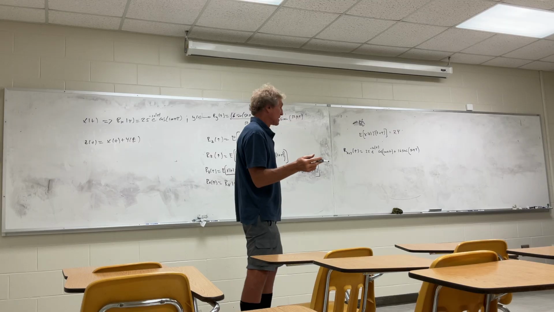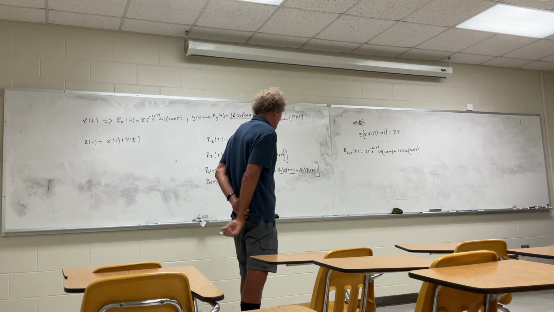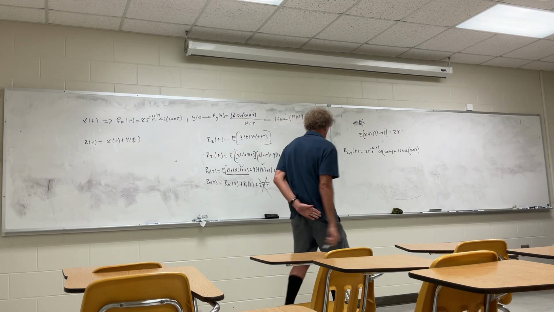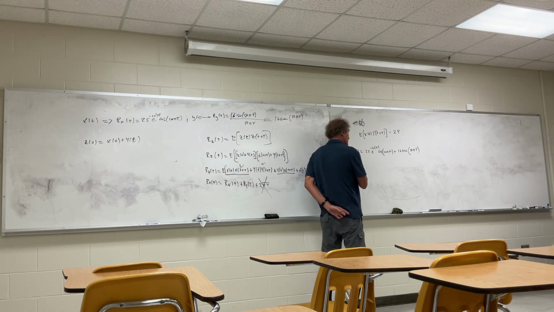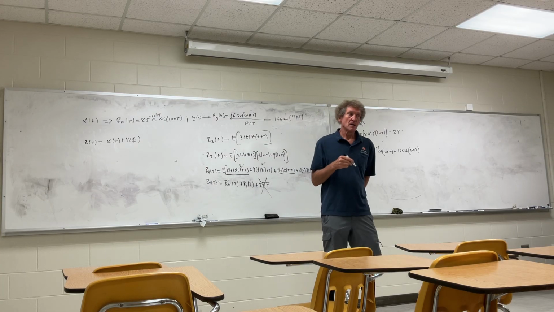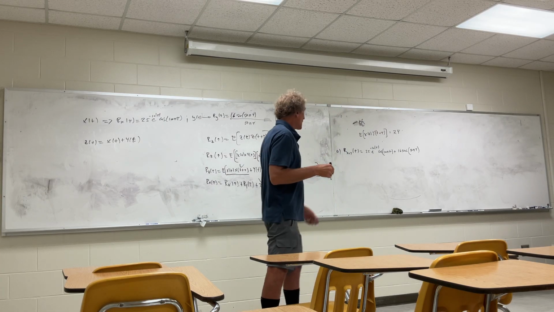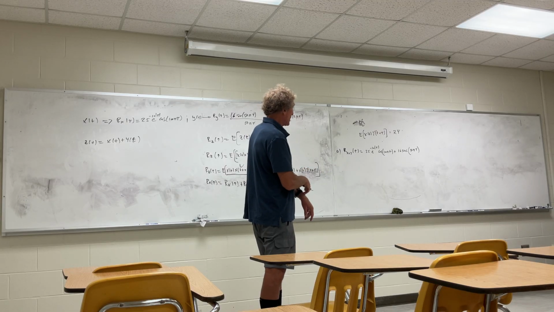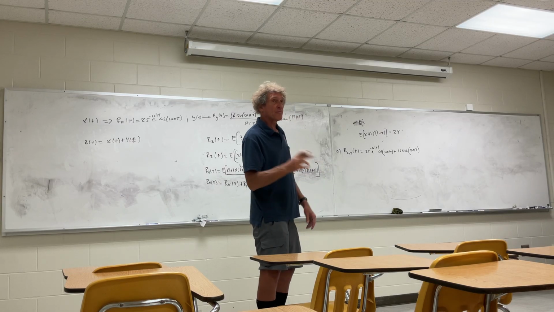Is that right? Part A. Rx of tau was not y of tau, and then plus that. He didn't convert it to the same function. I don't care. Do y'all follow me on this?